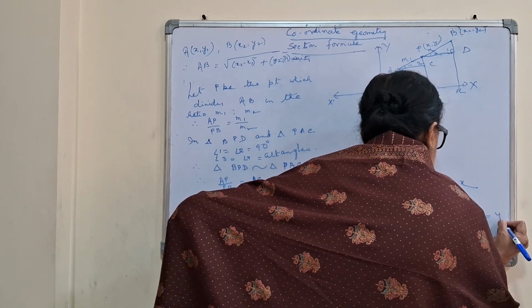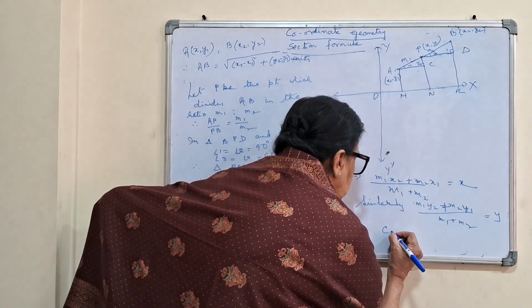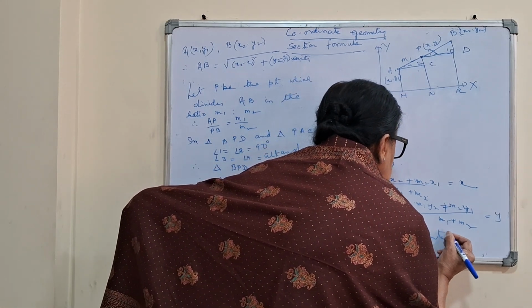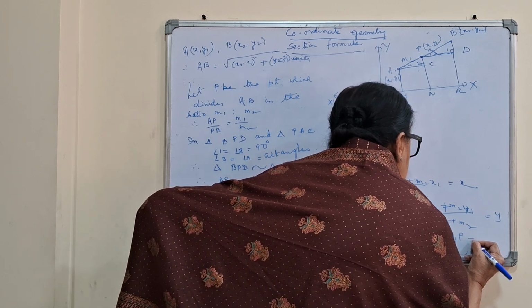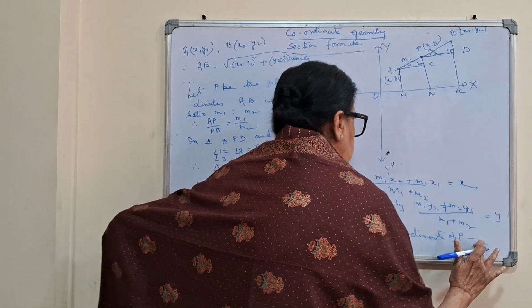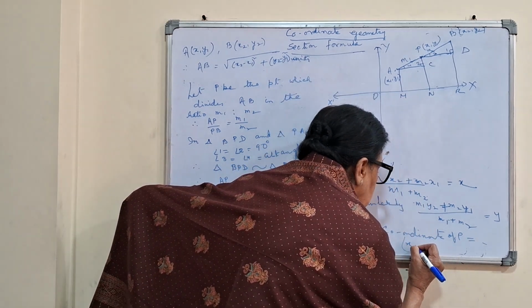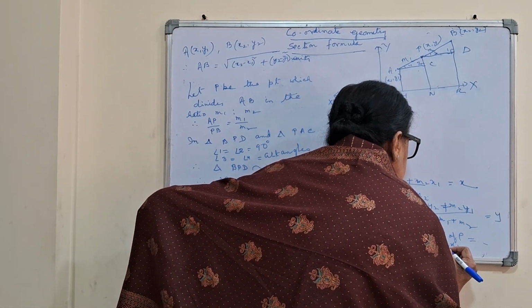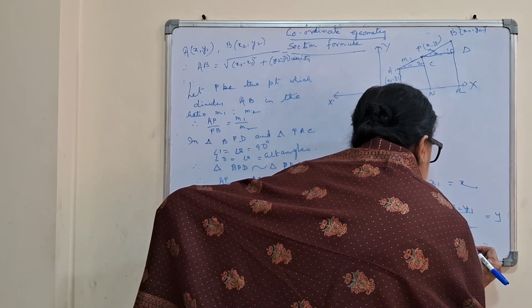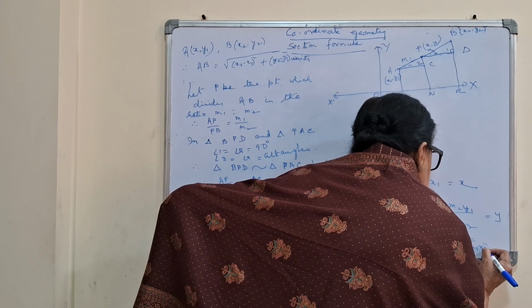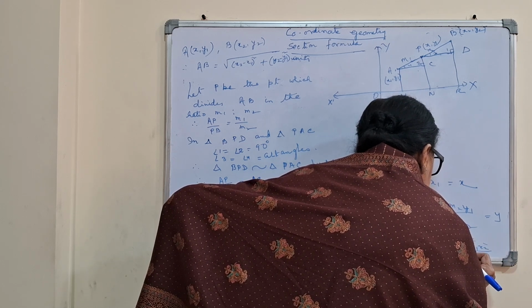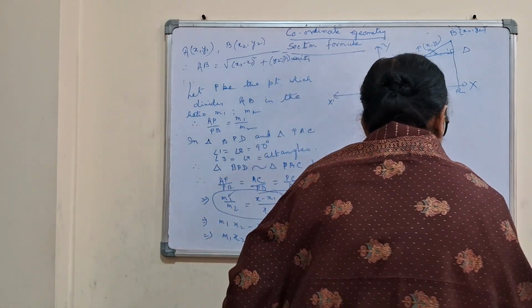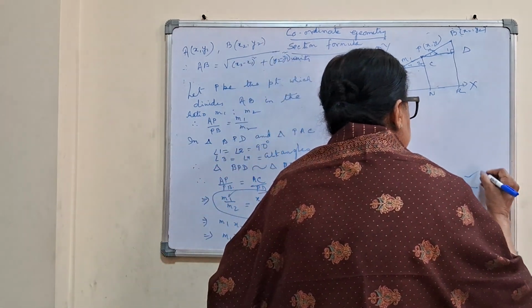So therefore the coordinates of P, that is (x, y), are ((M1 x2 plus M2 x1) divided by (M1 plus M2), (M1 y2 plus M2 y1) divided by (M1 plus M2)).